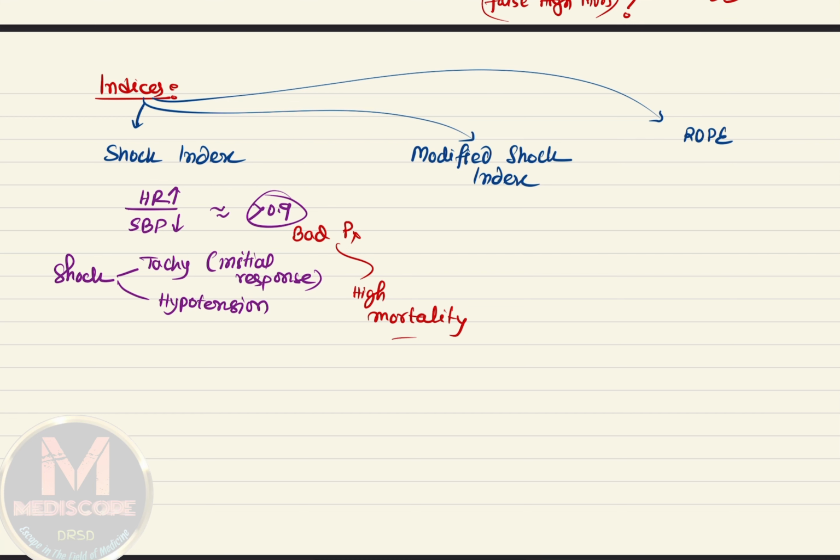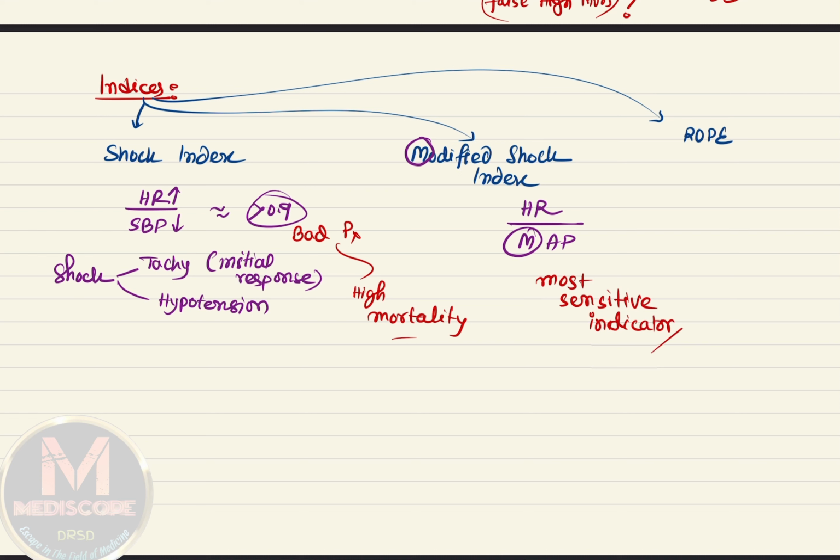But now we use the modified shock index, which is the most sensitive indicator. We have M, so it is heart rate divided by mean arterial pressure. Again, if it is increased, that means there is higher mortality.